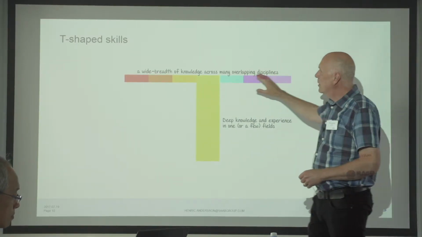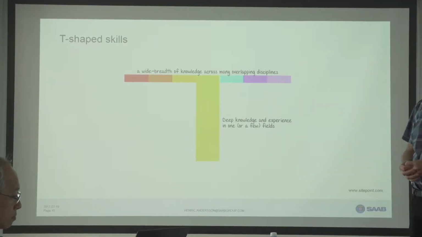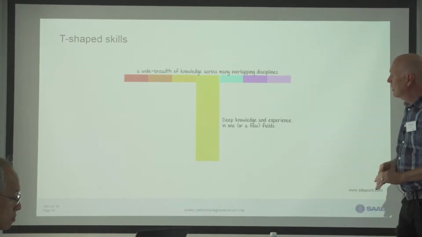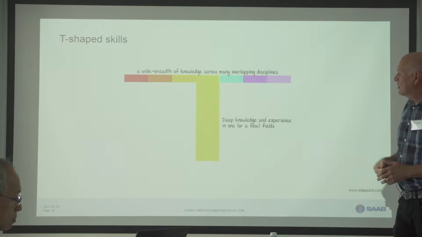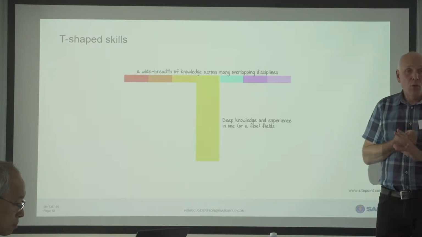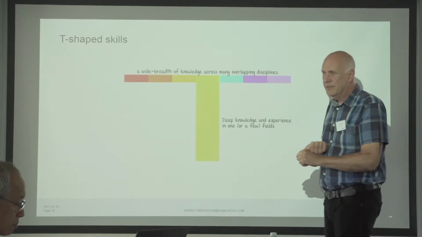So up here we have a wide breadth of knowledge across many disciplines, also connected to project management, as I said. And we have the depth knowledge and experience of one or more fields, engineering fields.